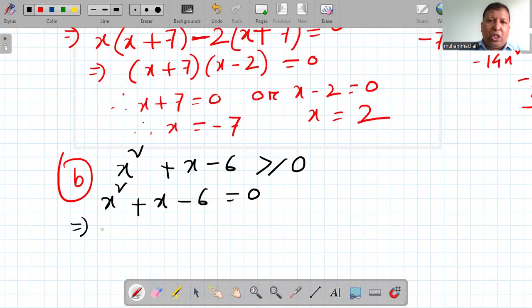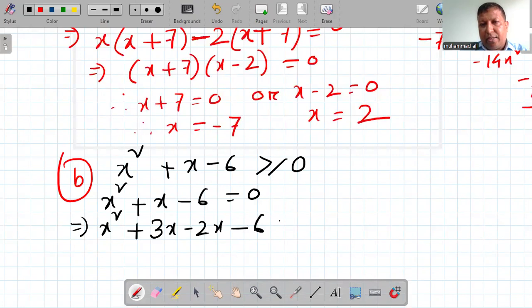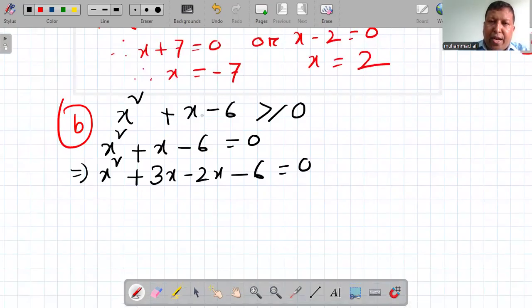If we do factorization, we get x squared plus 3x minus 2x minus 6 equals 0, because plus 3x minus 2x, their subtraction gives plus x, and their product is the same as the product of minus 6 and x squared.